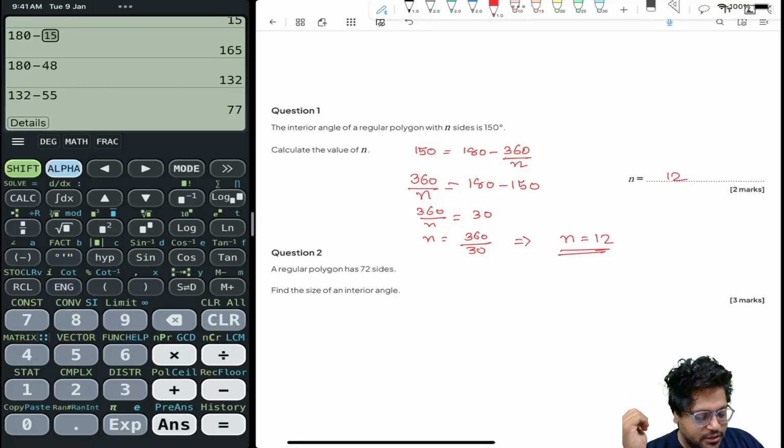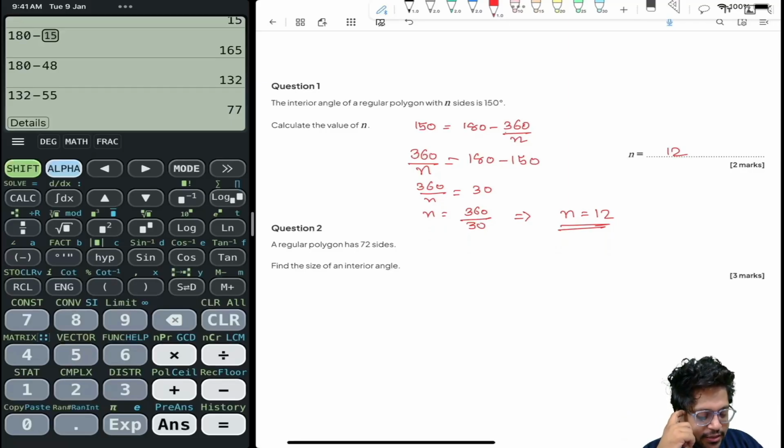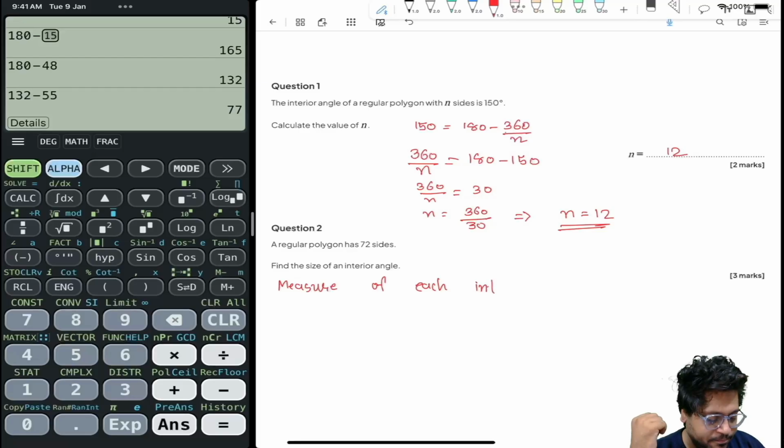Clear? See the second question. A regular polygon has 72 sides. So n is given as 72, and we want to find each interior angle. So measure of each interior angle is equal to 180 minus 360 upon n, and now n is 72.